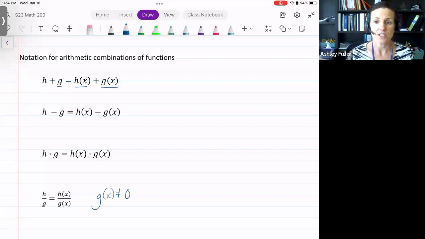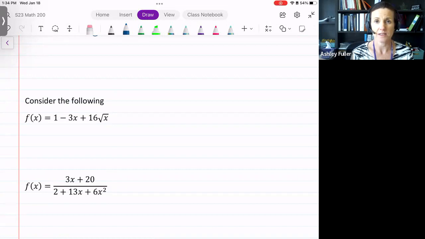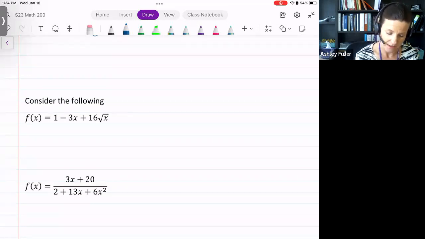One of the things that you need to be able to do is rewrite functions as arithmetic expressions of simpler functions. And note, there can be more than one right answer. So let's begin with the following examples. Consider f of x is equal to 1 minus 3x plus 16 times the square root of x.